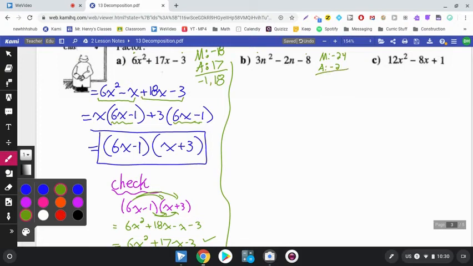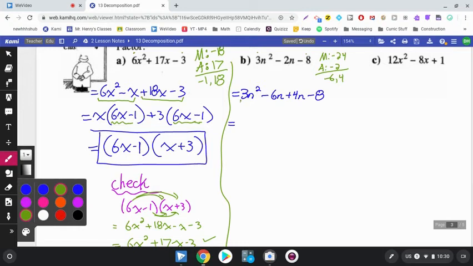Those numbers would be negative 6 and positive 4. I'm splitting up, decomposing that negative 2n, and I could write it as minus 6n plus 4n, or the other way, plus 4n minus 6n. I always write the negative first if I have the chance, just because it makes it easier moving forward.